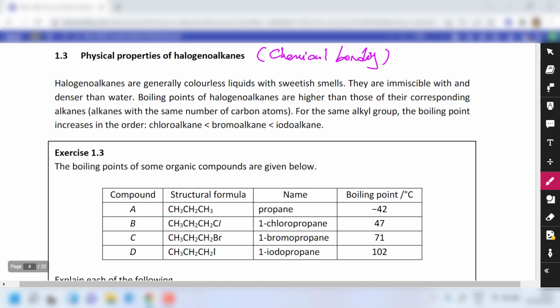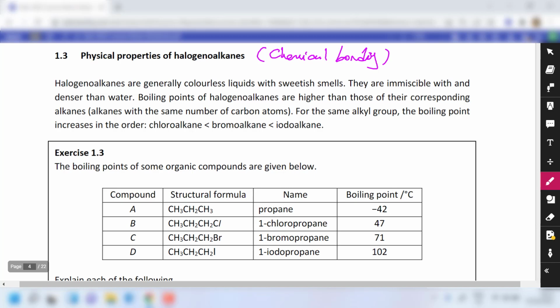The reason is that halogen has a much larger electron cloud as compared to hydrogen. This makes the electron cloud of halogenoalkanes more polarizable, and therefore it has a greater probability of forming stronger dispersion forces as compared to its alkane counterparts.